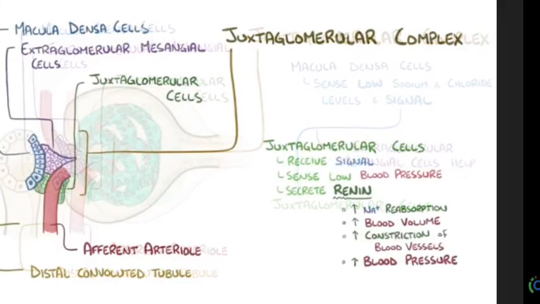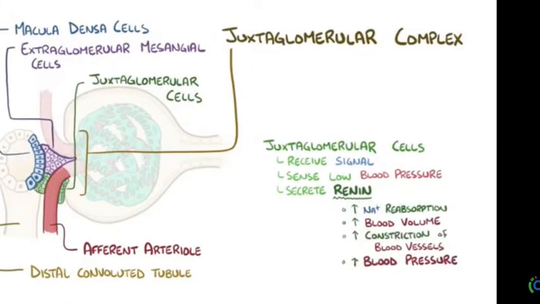The juxtaglomerular cells then receive this signal, and also sense the low blood pressure. This will secrete the renin, which increases the sodium reabsorption, increases the blood volume, increases the constriction of the blood vessel, and subsequently increases the blood pressure.